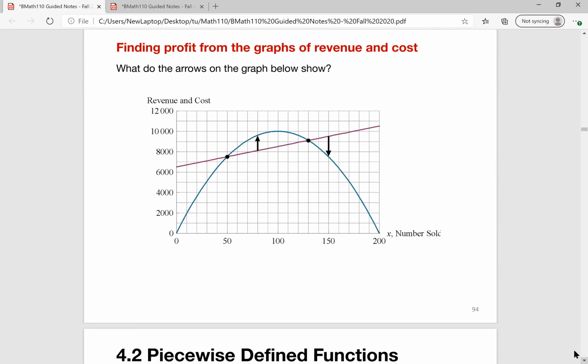Okay, finding profit from the graph of the revenue and the cost. As I said before, the profit will be the distance between the revenue and the cost. But remember that you have to take the revenue and subtract the cost.